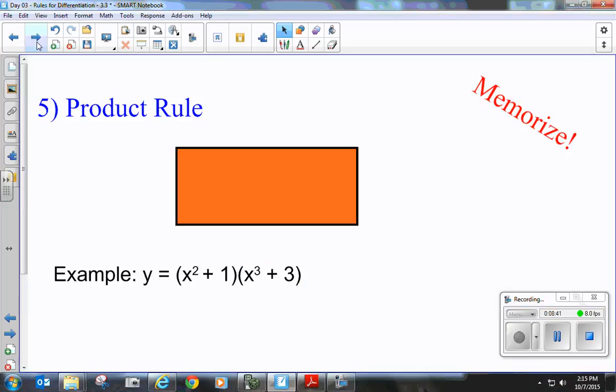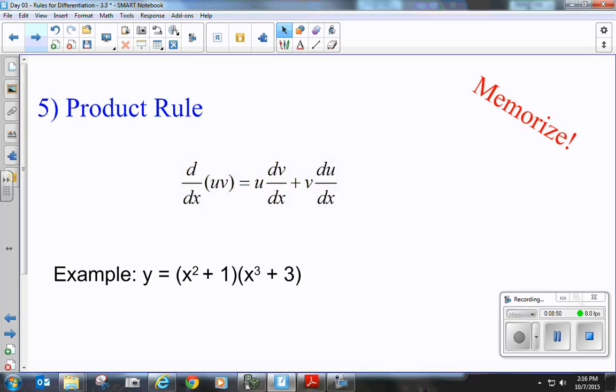Okay. The product rule. These are very simple, so don't get confused. Don't overthink it. Instead of saying the derivative of v is dv dx, you can say v prime is the derivative of v. It might be easier for you. What do I mean? If I'm multiplying two functions together, I take the first function as it is, u, and I leave it alone.